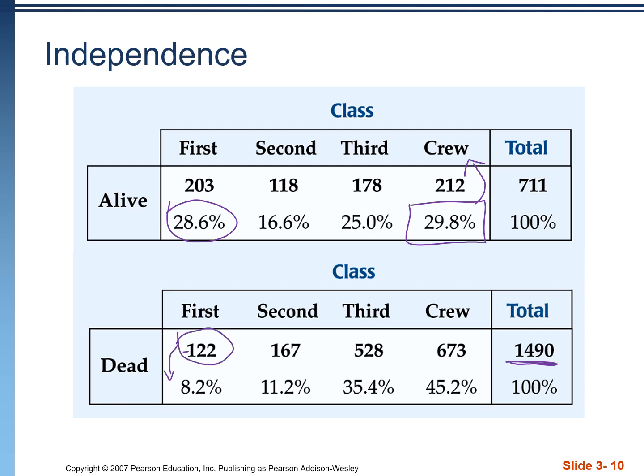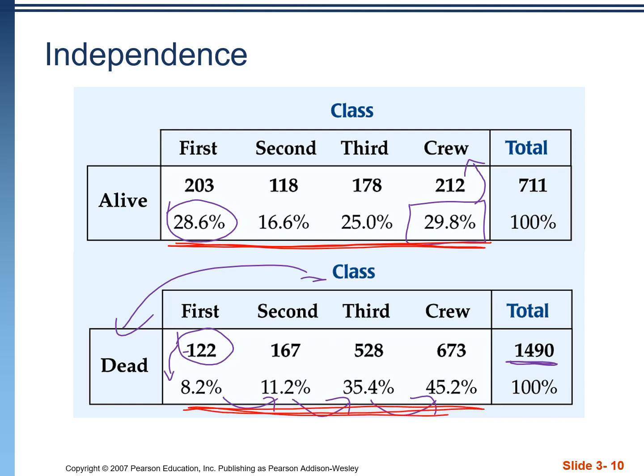That's 8.2%. With each step lower in class on the boat, we see that number increase, meaning that your class does affect whether or not you lived or died on the Titanic. So since this is affecting this variable, these two variables are not independent. If they were independent, we would expect this distribution to be the same as this distribution.